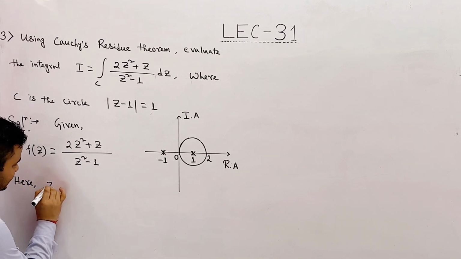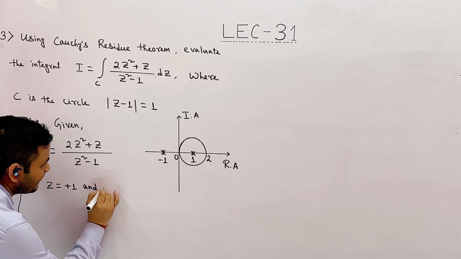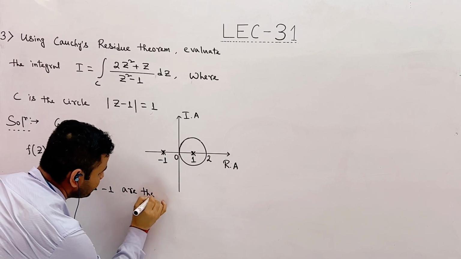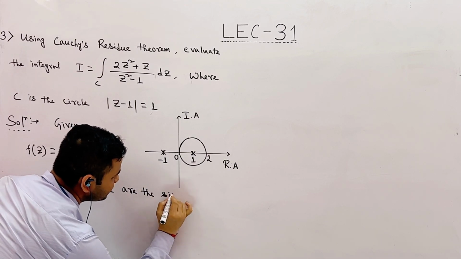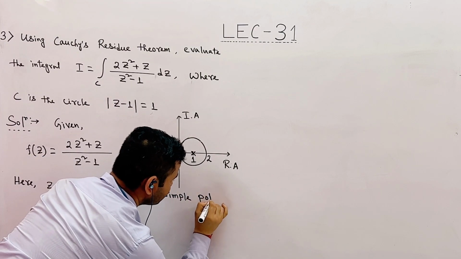Let me write these points. Here z equal to plus 1 and minus 1 are the simple poles.